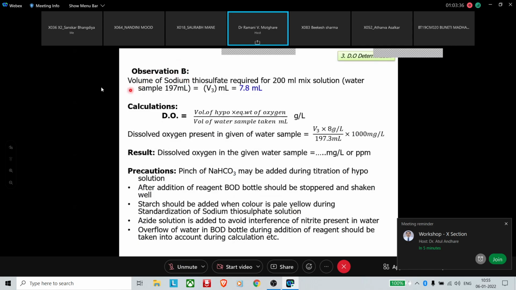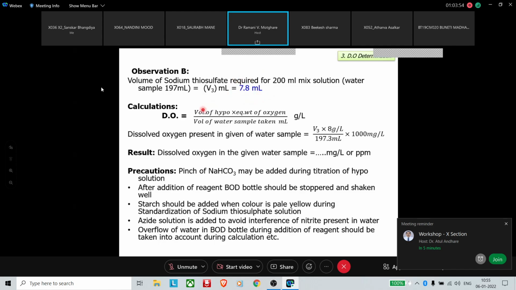So when you go for the observation, there is only a single titration of this 200 ml. That has to be performed properly, and you will write the volume of sodium thiosulfate solution required. You are given a reading of 7.8 ml.